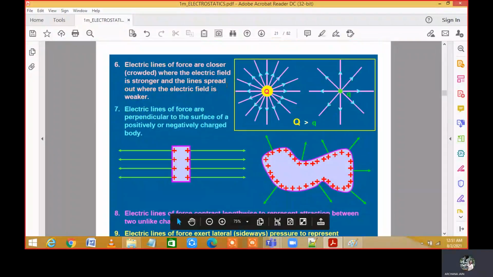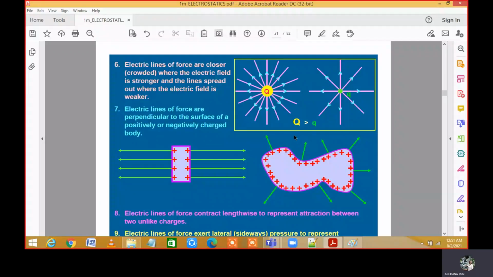Now, electric lines of force are closer where the electric field is stronger, and the lines spread out where the electric field is weaker. See the figure. For capital Q, the electric lines of force are close to each other. And for small q, the electric lines of force are away from each other.